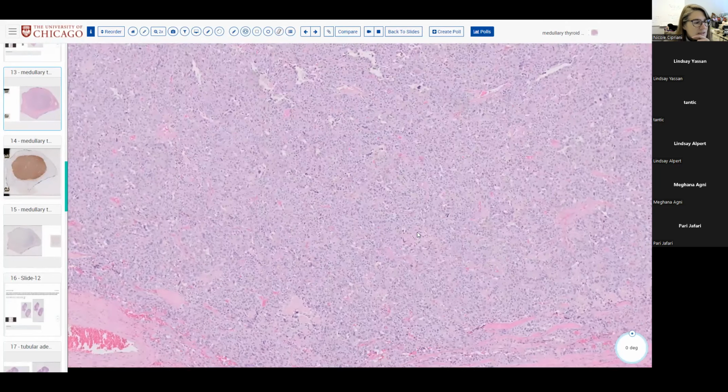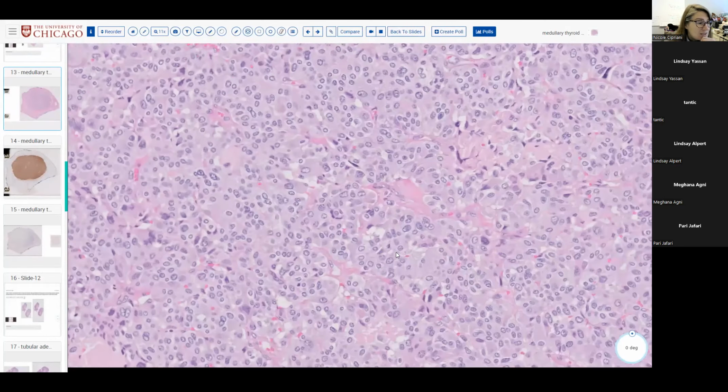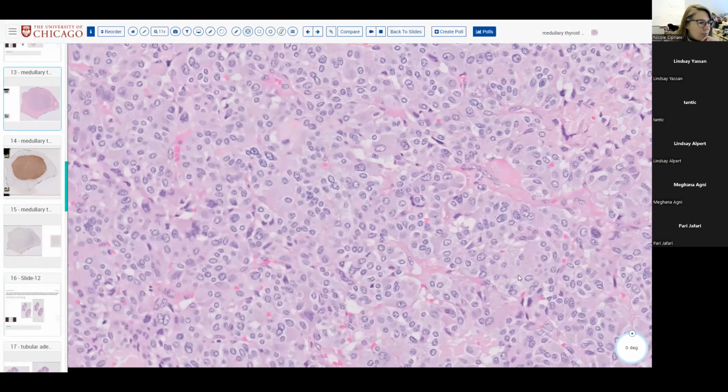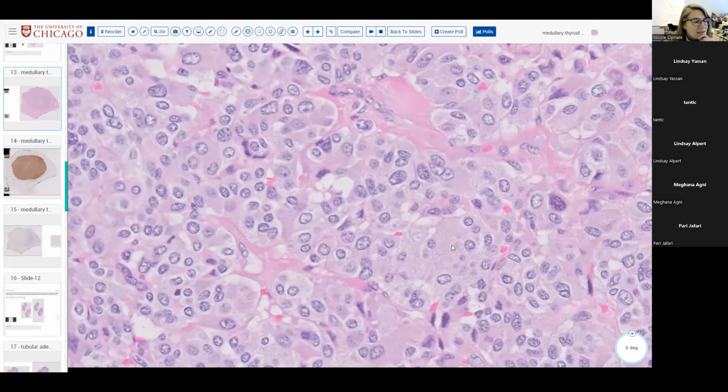And so you really don't see any follicular architecture, any papillary architecture. You really just see these sheets of cells. What makes them different from follicular epithelial cells of thyroid is that they have this abundant granular cytoplasm. They're arranged in more of these solid sheets or nests.